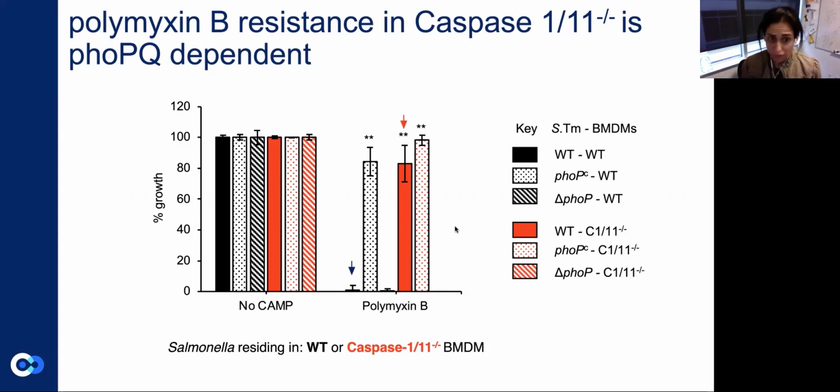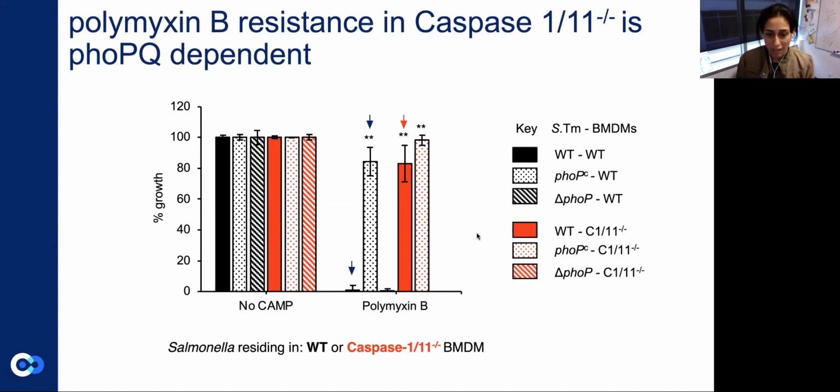But now, if you have constitutive 4P in the wild type environment, basically, these bacteria actually can't downregulate 4P. They are constitutively on for 4P in the wild type, and so these are now resistant even in the wild type environment.